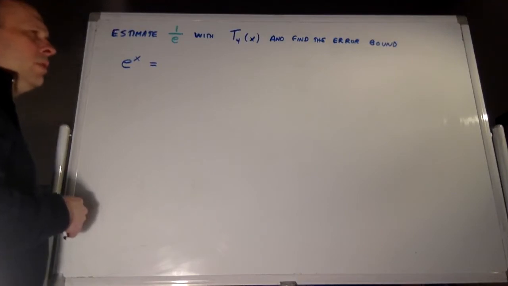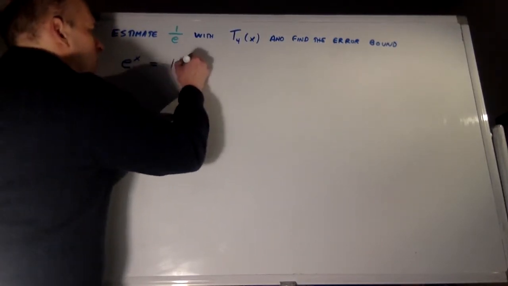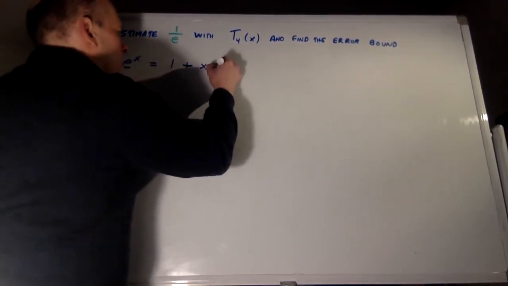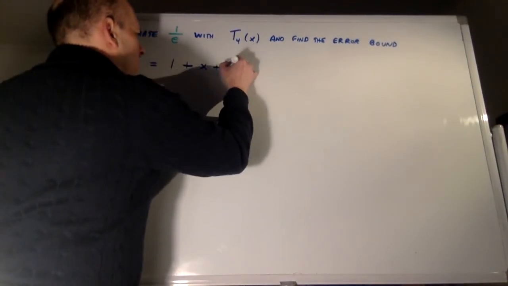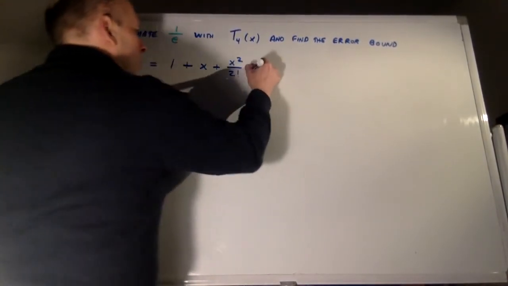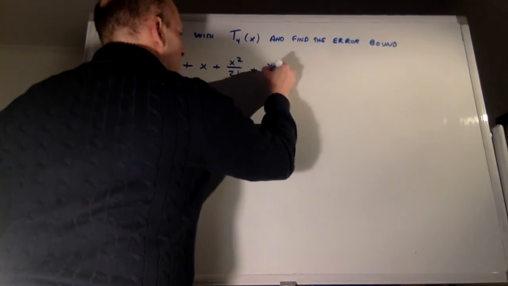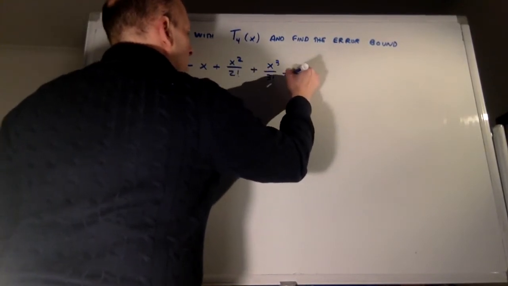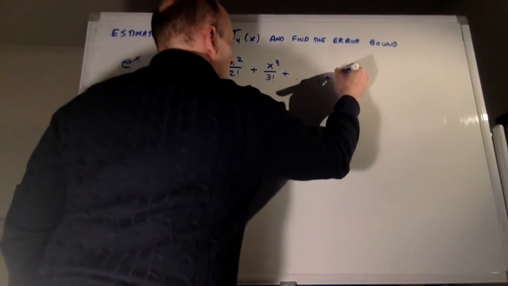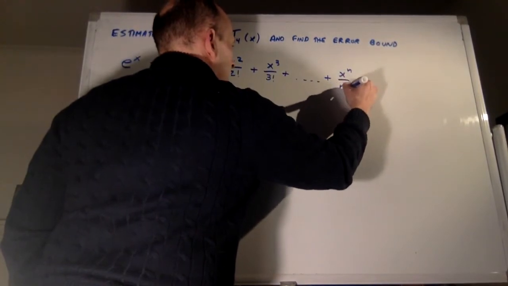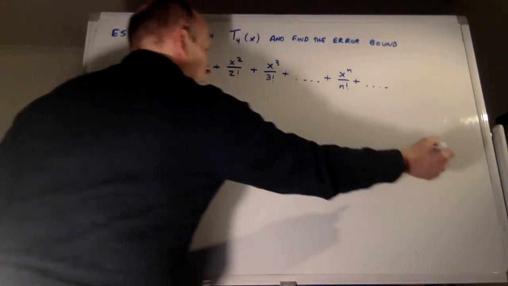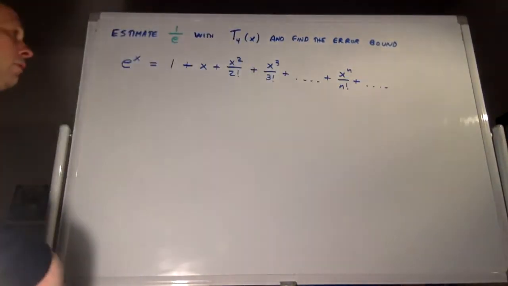So what was that Maclaurin series again? I think it was 1 plus x plus x squared over 2 factorial plus x cubed over 3 factorial, and so on, x to the n over n factorial. If we went all the way out to infinity, we would get e to the x.